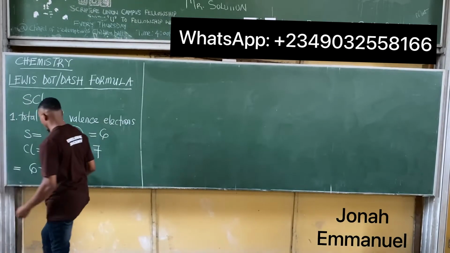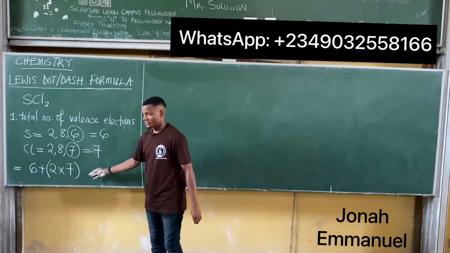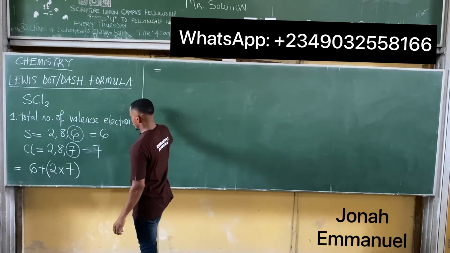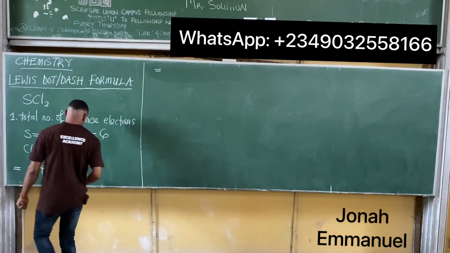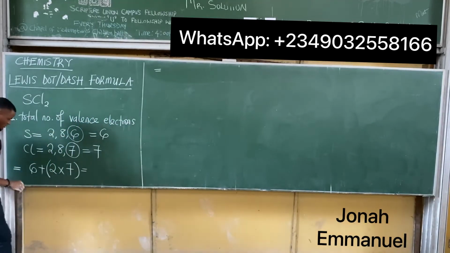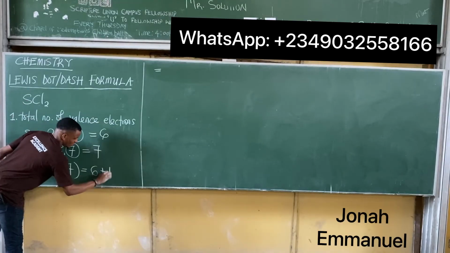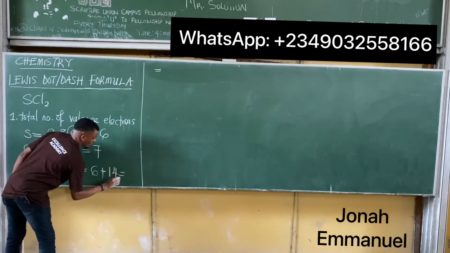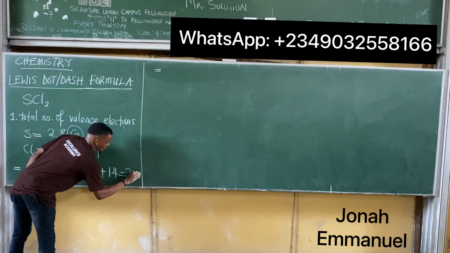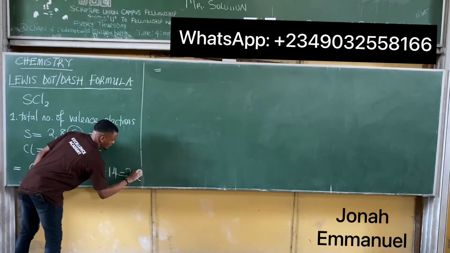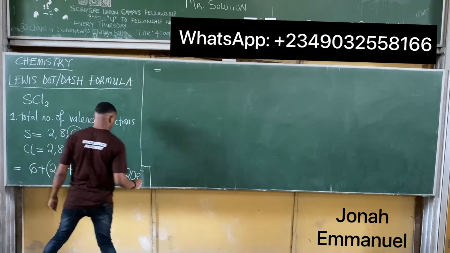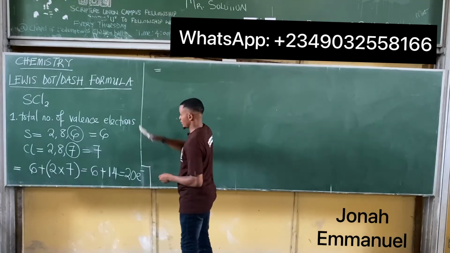So this is the pattern of how you solve this. So I'm having 6 plus 2 times 7, which is 14. That's equal to 20 e minus. Please, the e minus means electrons.